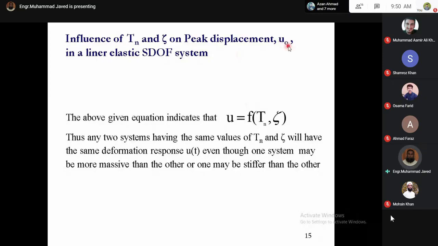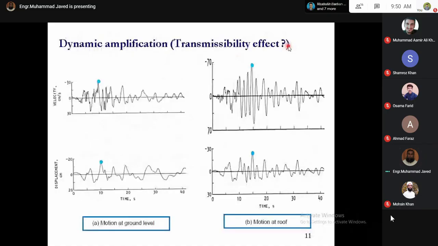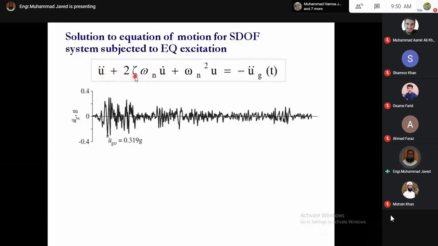As you have seen here in this equation of motion, if we solve this equation of motion, we will get displacement, and you can see that this depends upon zeta as well as omega n. Omega n can be related to Tn, so you can say that structural displacement depends upon zeta and Tn.